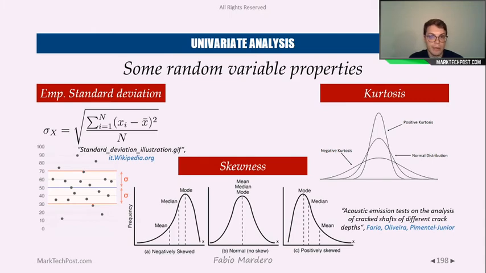Moving on, other random variable properties are the empirical standard deviation that we have studied so far and its properties.